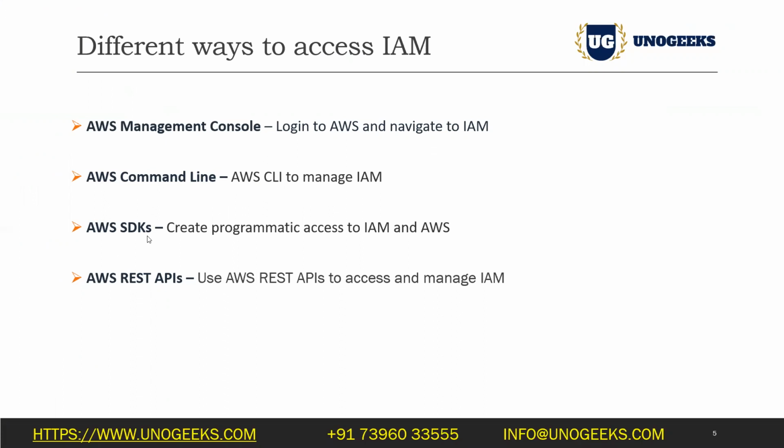You could also use SDKs, which give you programmatic access to IAM and AWS. Or you also have quite a few REST APIs exposed by AWS, which you could use to access and manage IAM. So to create an IAM user, you could do it manually by logging into the console, or you could hit an API and have the IAM user created.